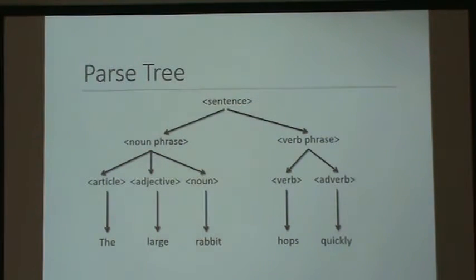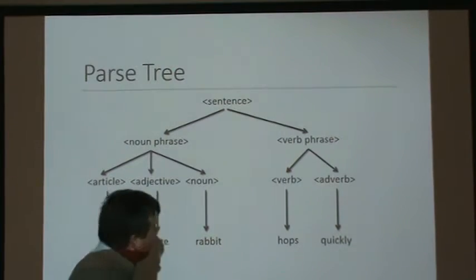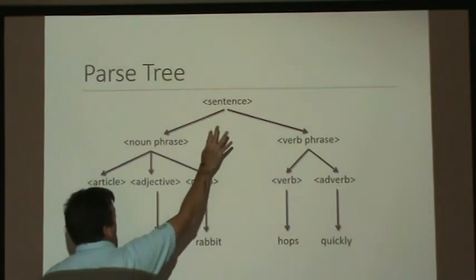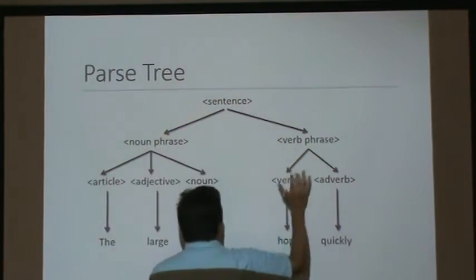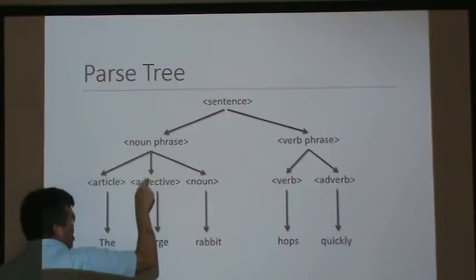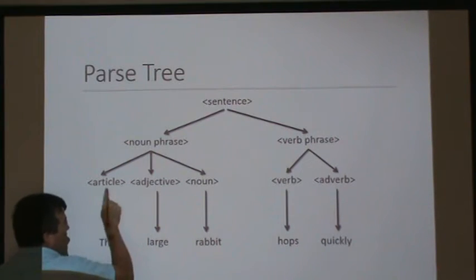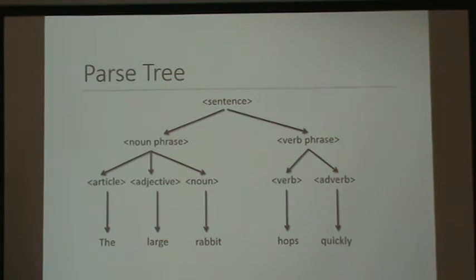Well, first of all, here's a parse tree for the language. And basically we're saying a sentence, this is like a very simple version of English, but a sentence could be made up of two parts, a noun phrase and a verb phrase. And then a noun phrase could be made up of an article followed by an adjective followed by a noun. So the reason I'm saying this is a very restricted version of English is we have a rule here that you must have an article, which is not true in real English.